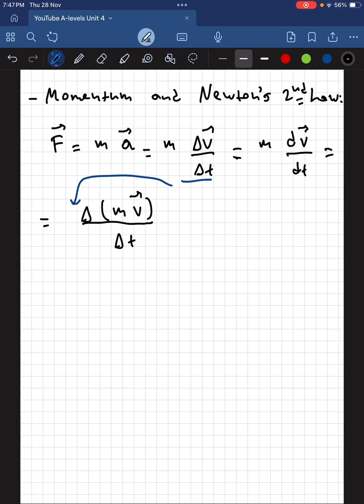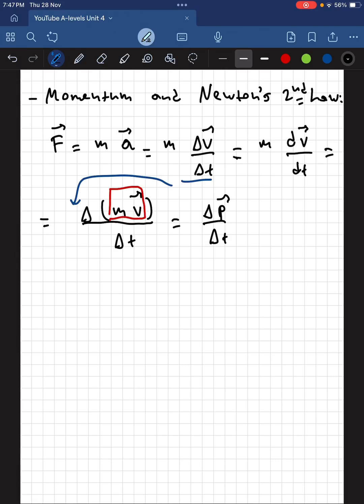But if we take the derivative of a constant times a variable, then the constant can be taken out of the derivative. So here I take it in, so I can take it in for free. But now notice that this quantity over here is momentum, right? So this is delta P over delta T, okay?